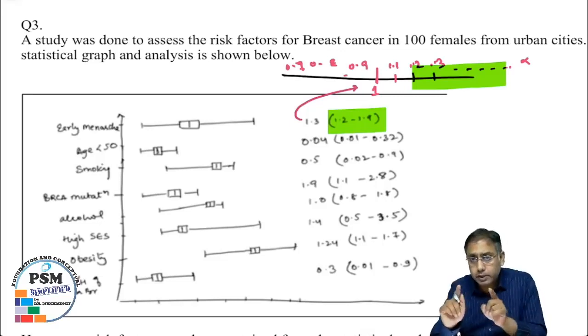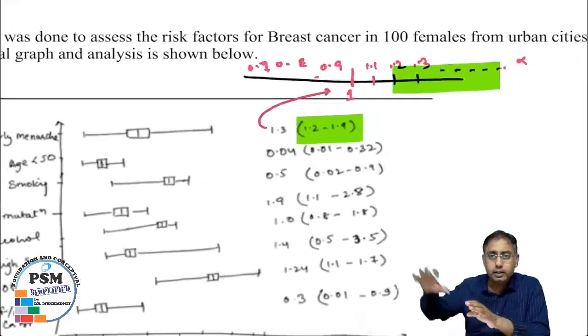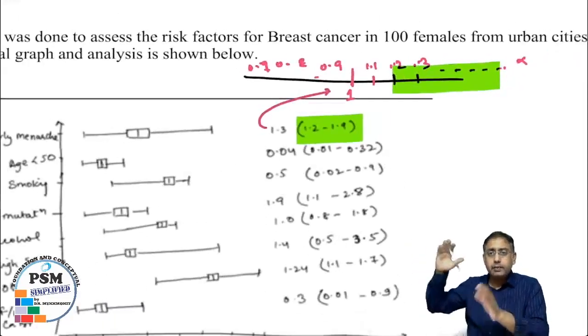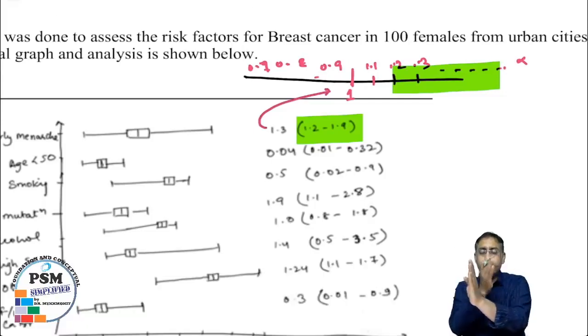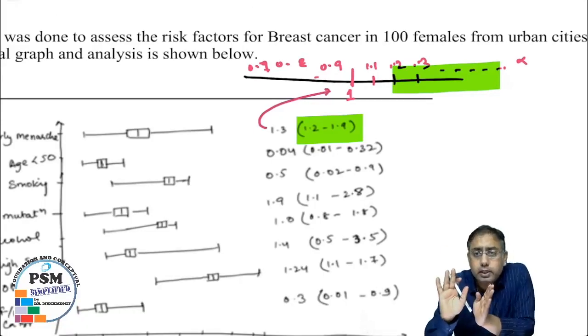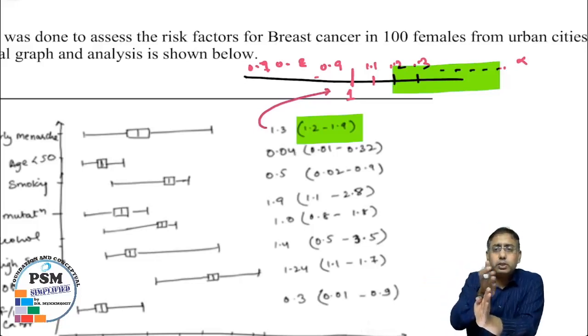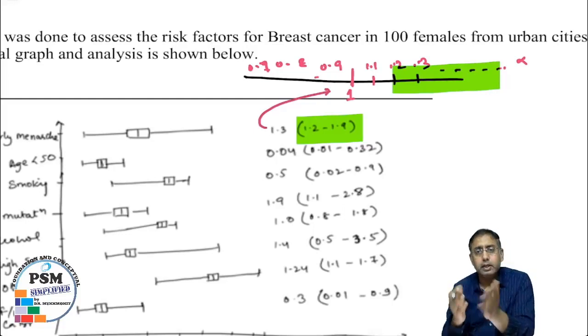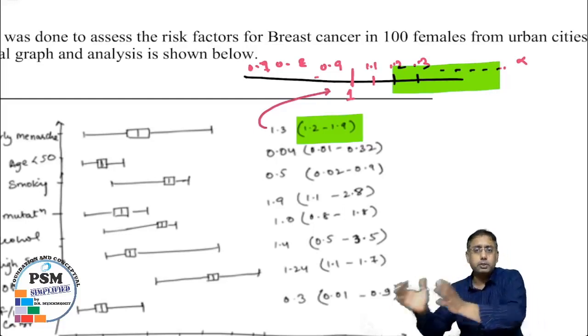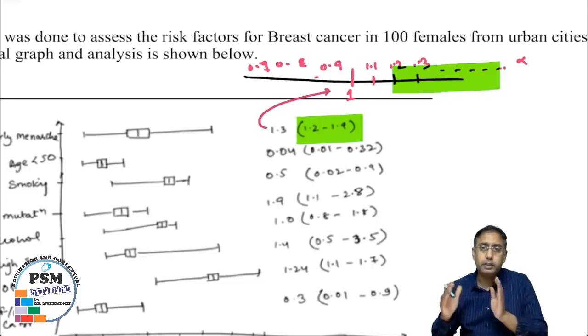But once you see the confidence interval, if it contains the value 1 on this scale, try to imagine it on a space where the value 1 should be there. In case it is there, that means this odds ratio is a non-significant odds ratio. Sometimes it was positive, sometimes no association, sometimes negative association. It should be always either on the positive side or on the negative side, the range, the confidence interval.